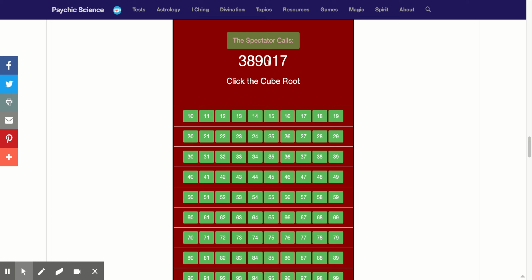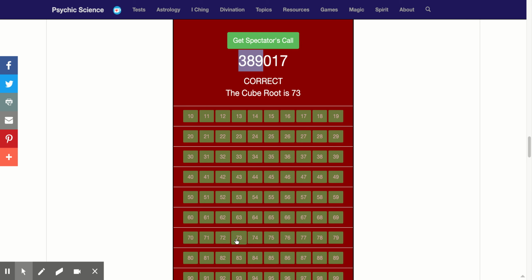Now I'm going to ignore these last 3 digits, and I'm only going to look at 389. Well, what cubed gets really close to 389? Because I know nothing cubed is actually 389. What gets close to 389 without going over 389? 7, right? Because 7 cubed gives me 343. So my answer is 73.